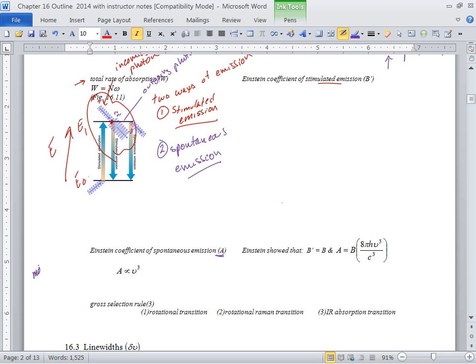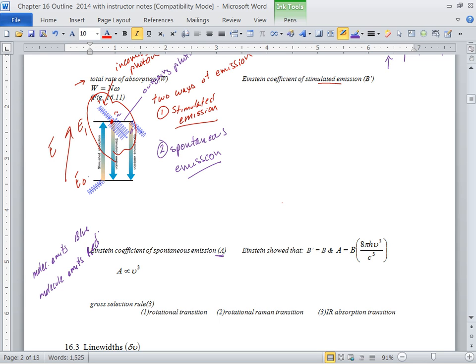Let's say you have a molecule that emits IR. You have another molecule, let's not even say IR, let's just say it emits the color blue. You have another molecule that emits the color red.